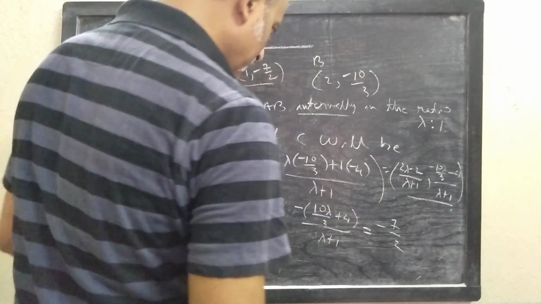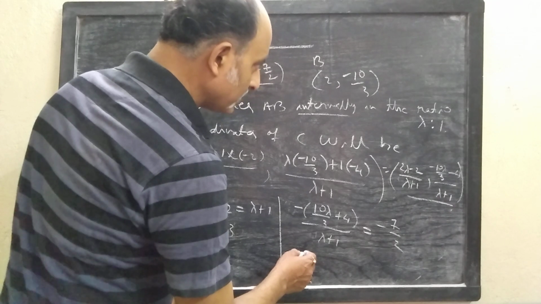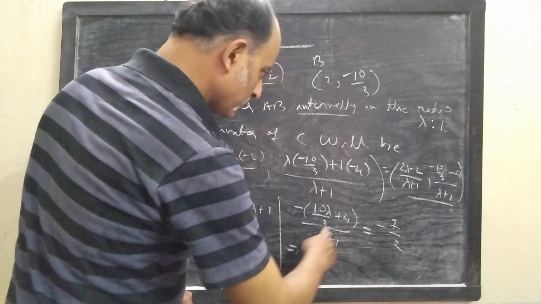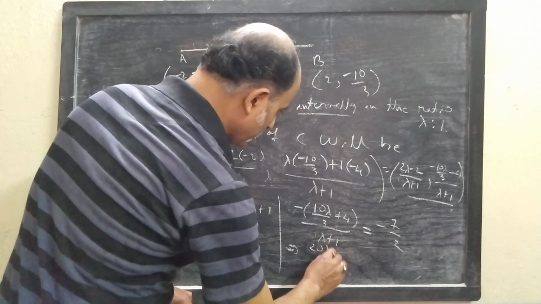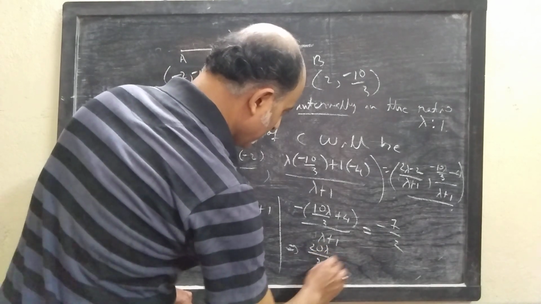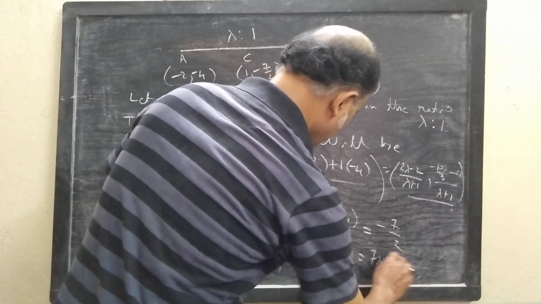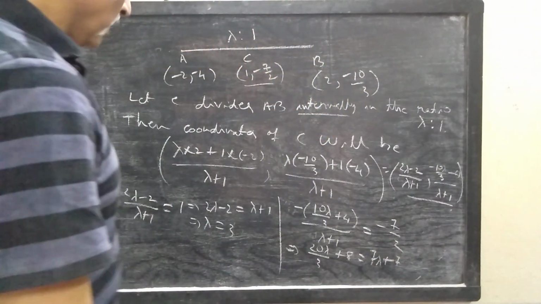Cancel the negative sign and cross multiply it. So 20 lambda by 3 plus 8 equals 7 lambda plus 7.